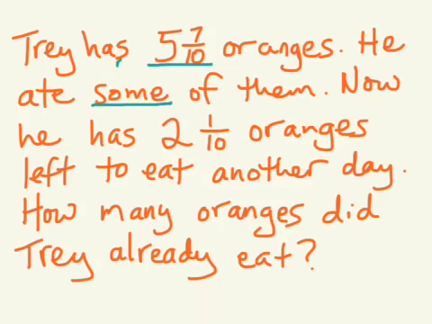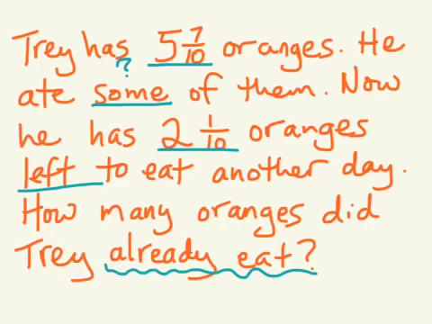That means we don't know what amount, but he ate some. And now he has 2 1/10 left. So what we want to know is how many Trey already ate. Go ahead and do that same underlining that I just did if you haven't already.